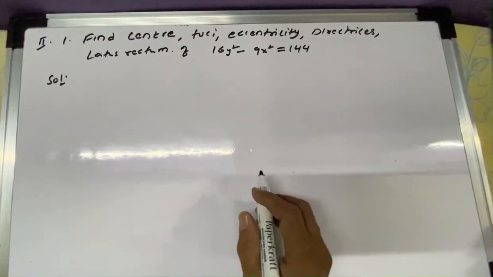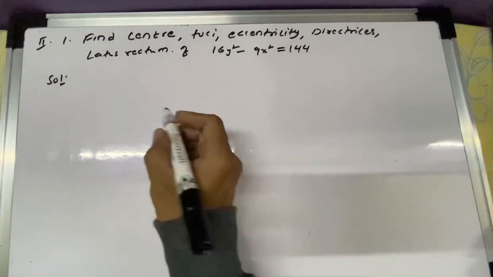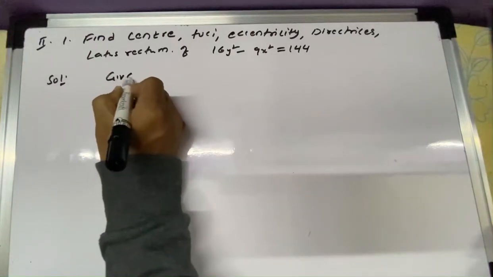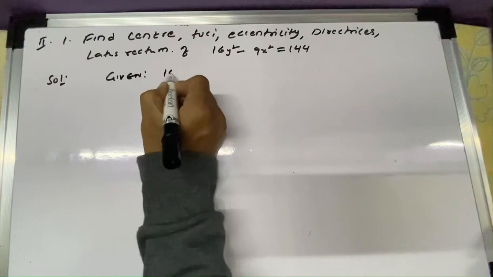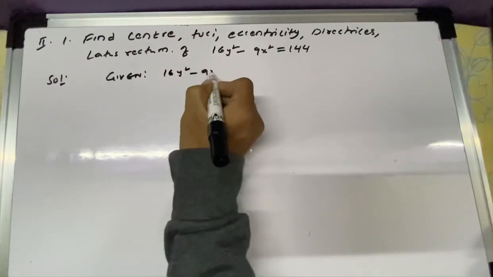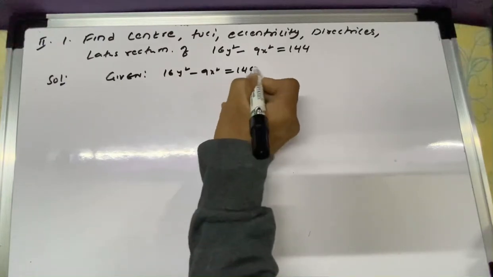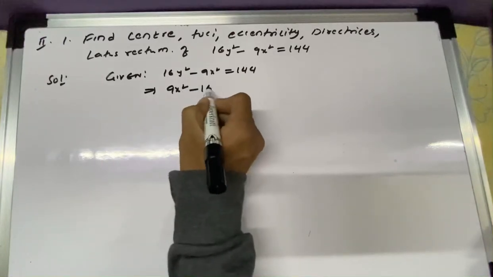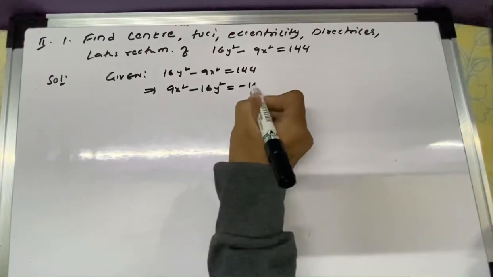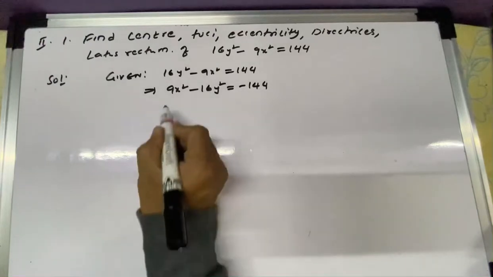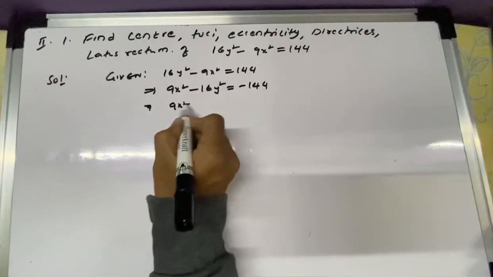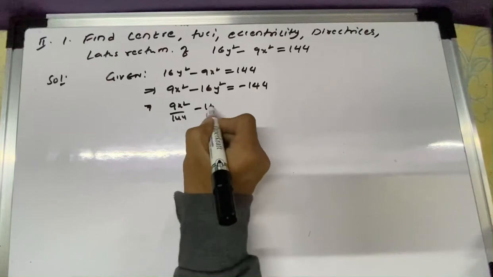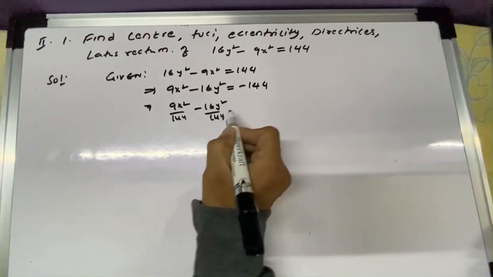Find the center, foci, eccentricity, directrices, and latus rectum of the given hyperbola. If I make this reversed, if I write 9x square and 16y square in order, this becomes minus 144. Now divide both sides by 144 in order to make the right side equal to 1.